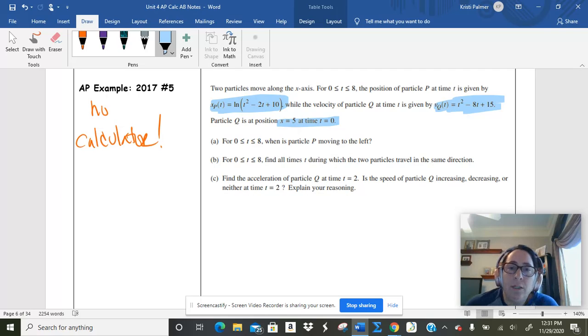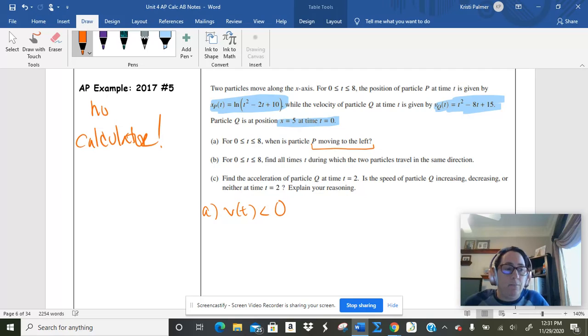A: when is particle P moving to the left? So think about it: when do I know a particle is going left? I hope that you are all saying when V of t is less than 0.